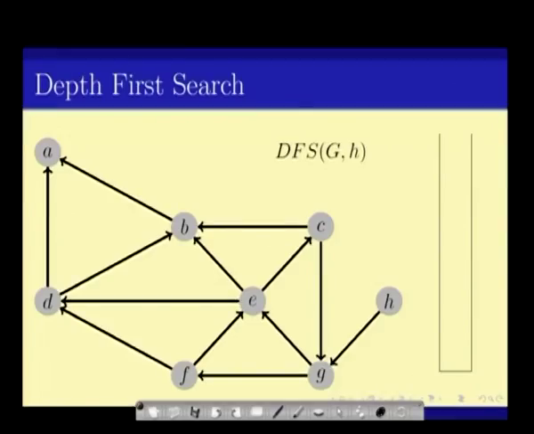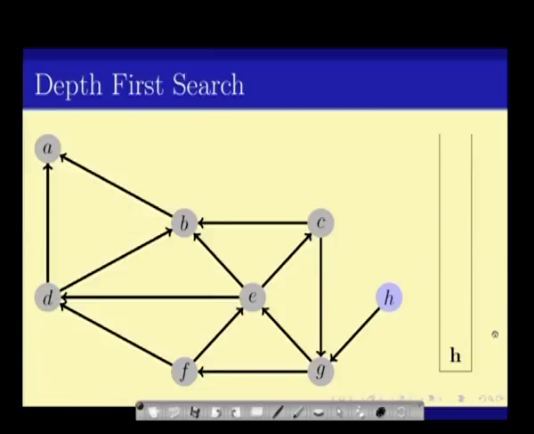Now, let us quickly see a depth first search example in the case of a directed graph. Here we have a directed graph and we have this stack, and let us start from vertex h. We want to do the DFS from vertex h. As soon as we see a new vertex, we color it blue and we put that vertex h on top of the stack.